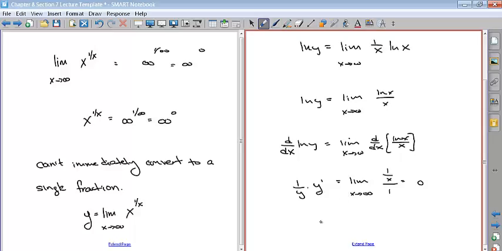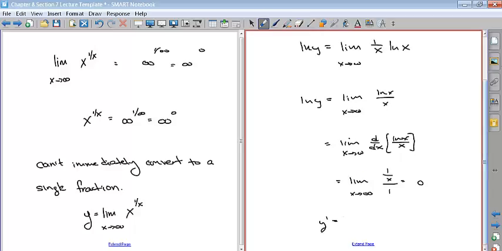So we get y prime is equal to, what are we doing here? Yeah, I'm trying to remember whether I need to do that or not. I think what I remember is you don't really do that.